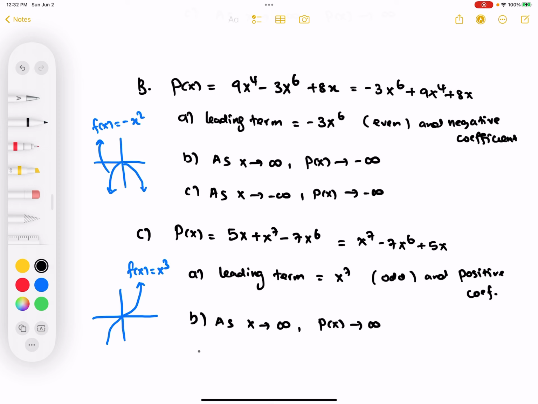And C, as x goes to negative infinity, p of x goes to negative infinity. So if you look at the template graphs and understand the behavior of each template, then you can answer the end behavior of any degree polynomial based on those templates.